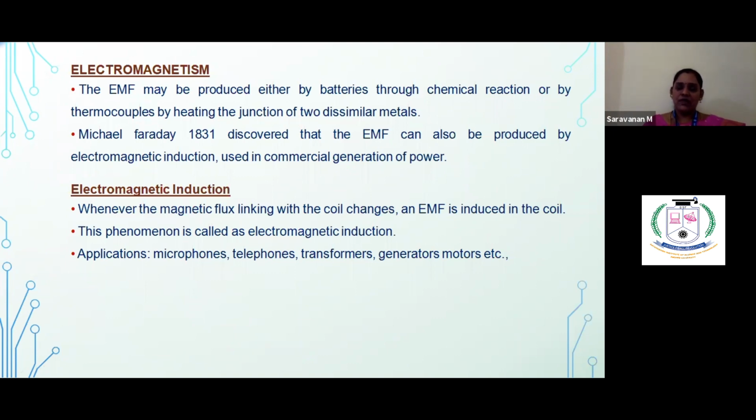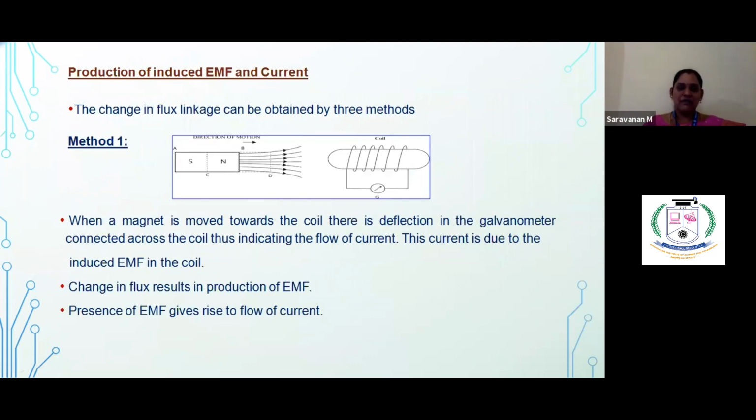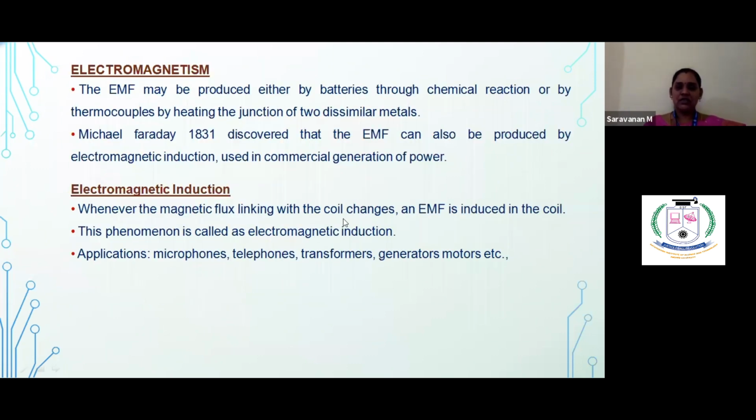Everything nowadays uses the electromagnetic induction principle. This principle was developed by a very great scientist, Michael Faraday, in the year 1831. Whenever the flux linking with the coil is changing, an EMF will be induced in this coil.